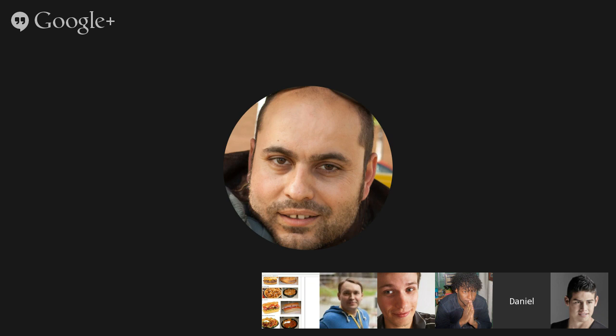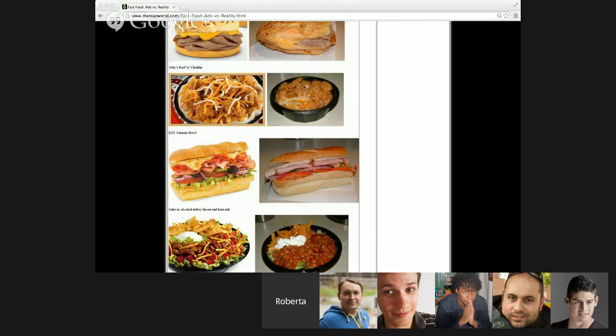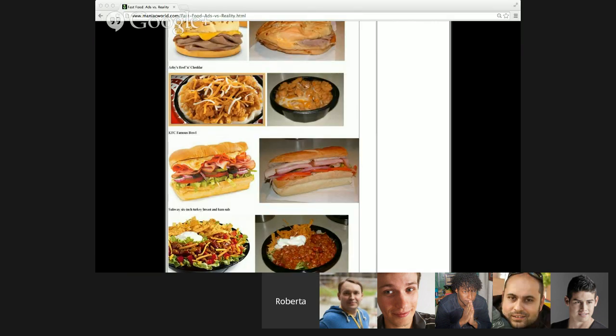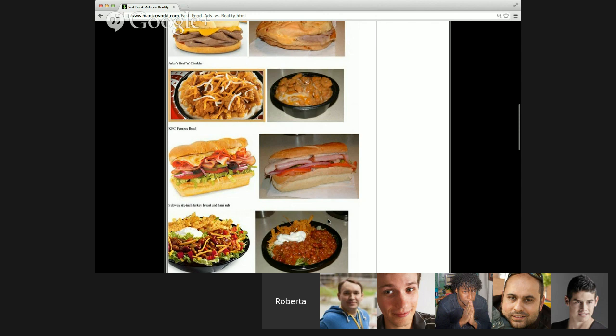The sandwich on the right has less vegetables than the one on the left. Sure. It has less vegetables, definitely that we can see, right?